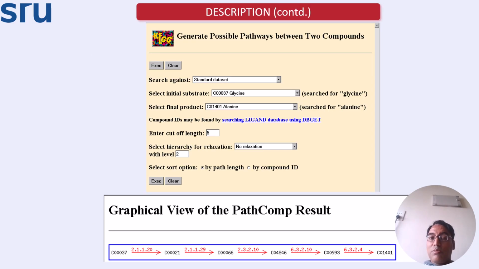Then the next part is, suppose I want to generate possible pathways between two compounds, which is what people commonly do. If I have the substrate and the product, I don't know what all the reaction steps going on in between them, or what multiple possible pathways there are through which this substrate can be converted to this product. I can put the substrate here and the product here.